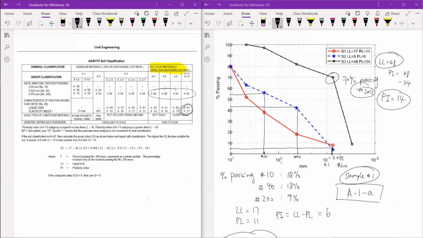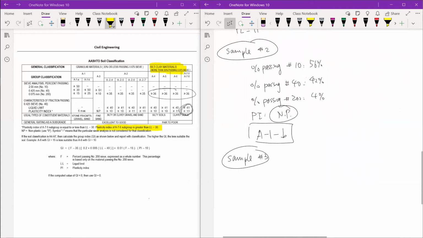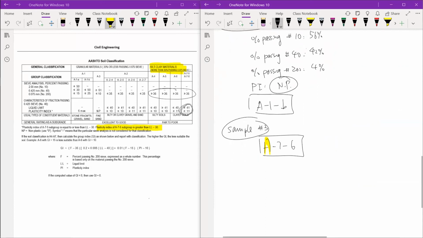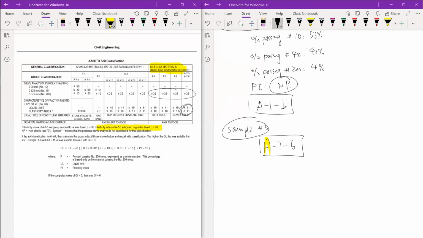If it is greater than 30, which is our case because our liquid limit is 48, then per this AASHTO classification we belong to A-7-6. So we can put down that our sample number 3 is A-7-6.